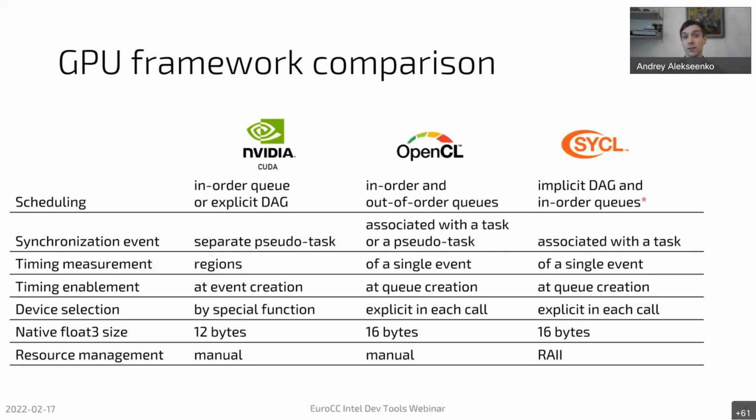So CUDA, which we had as the first GPU layer in GROMACS, is built around in-order queues. It does have, in the recent versions, an explicit DAG, called CUDA graph, but we are not using it in GROMACS, although it's being researched as a possible future feature.